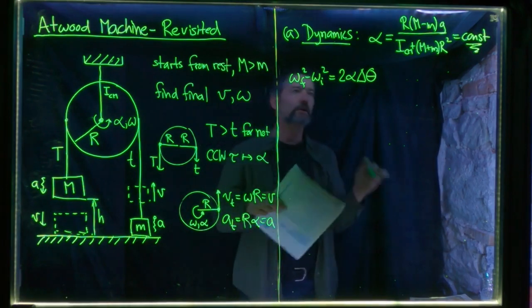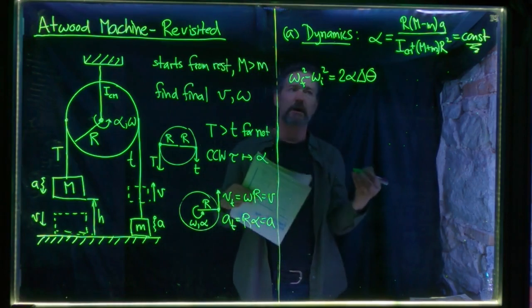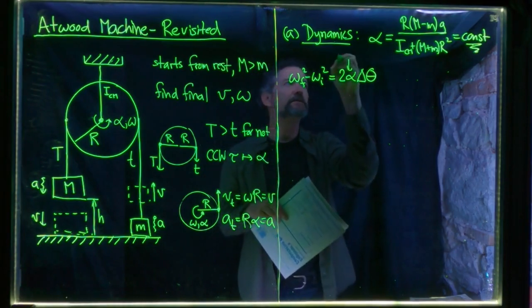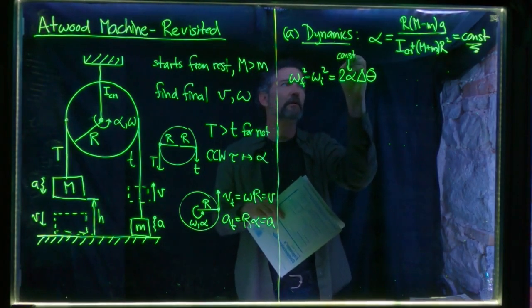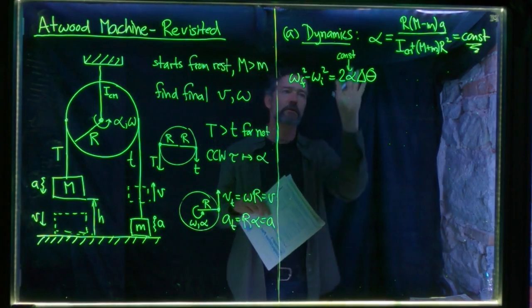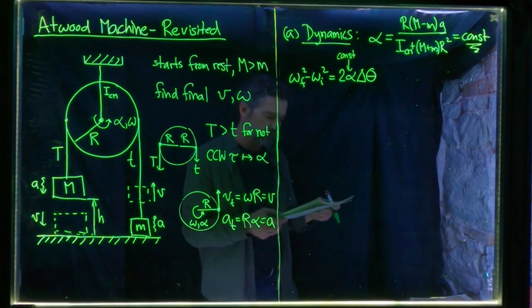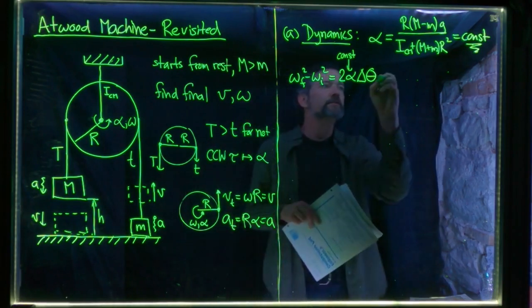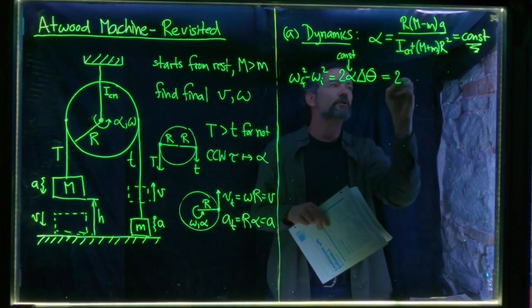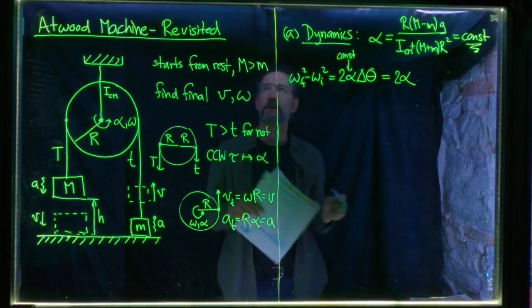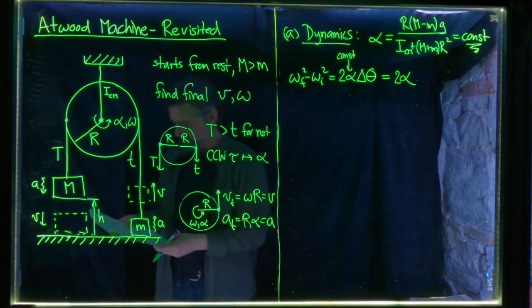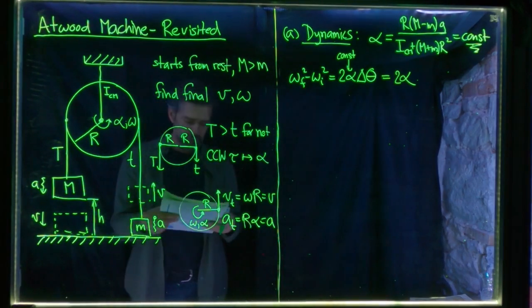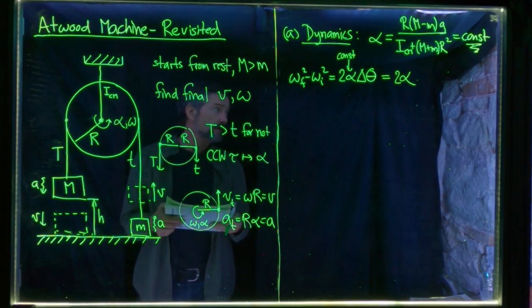Okay, and we can use this kinematical formula because this alpha is constant. When the angular acceleration is not constant, we don't have a formula like that. We need to use calculus. Okay, so then we say, well, what is this? Well, I don't know. So it's 2 times alpha times what's delta theta. So this is an important thing to understand here. Let me put it down here.